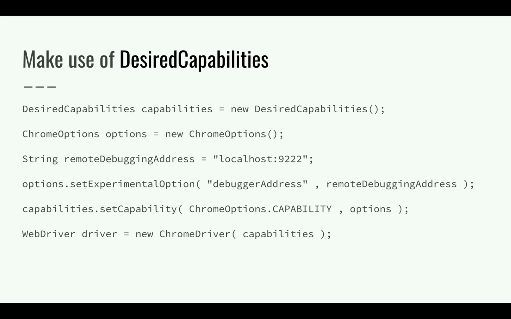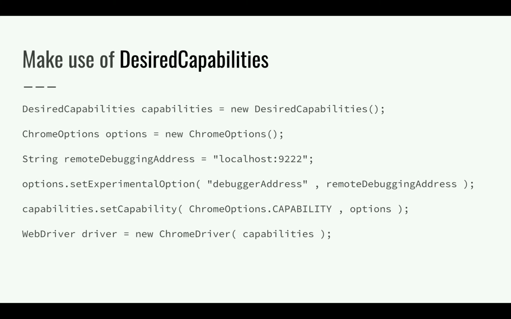In Chrome options, we're going to use one method, set experimental options, with a key-value parameter, with the key as debugger address, and the value you're going to set is the IP address with the port. Once you do this and start your Chrome driver with these capabilities, you can start communicating with your Electron.